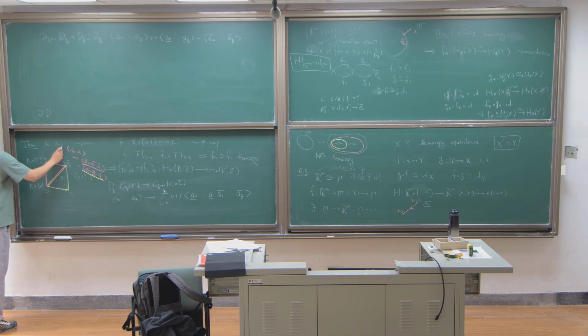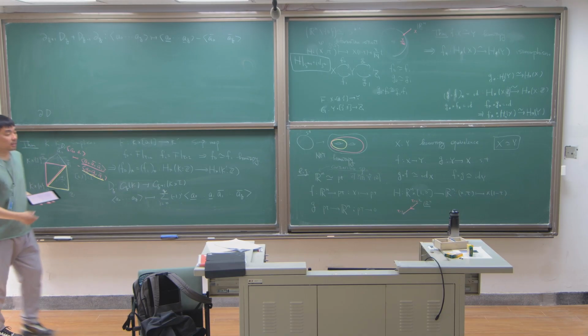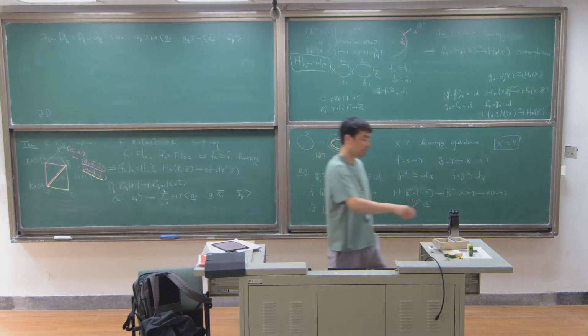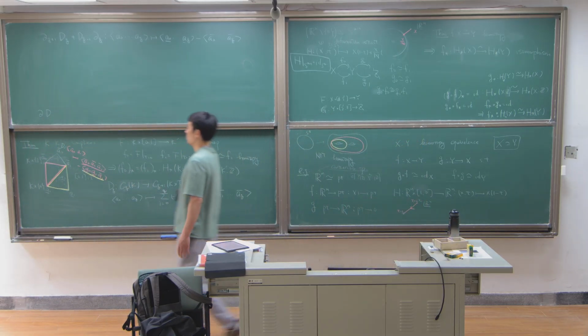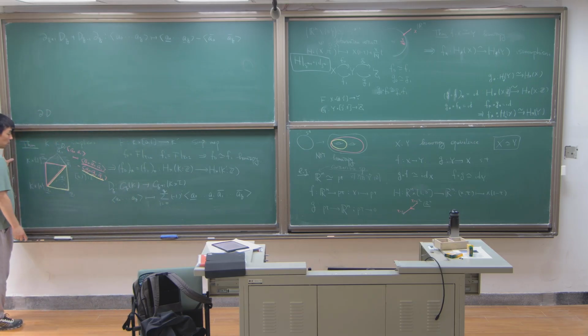D of A0, A1, this is D1, is mapped to these two simplices. And then next you take the boundary. What's left, if you take the boundary of this red one, is literally the boundary of this red one.